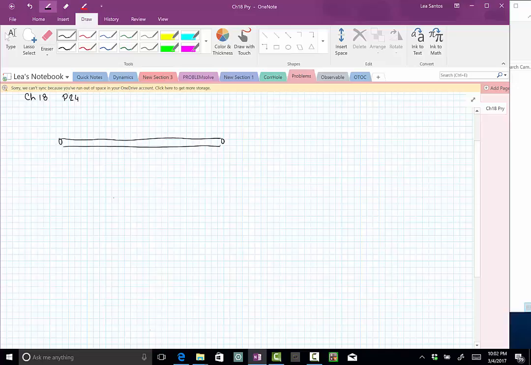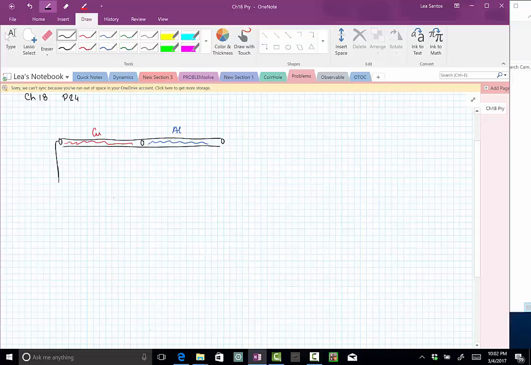One piece is made of copper, it's 5 meters, and the other piece is made of aluminum. So this piece here, 5 meters, is made out of copper, and this other piece here, also 5 meters, is made of aluminum. And this whole wire is connected to a battery.